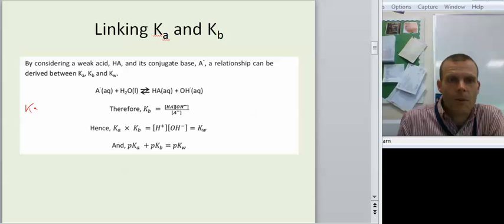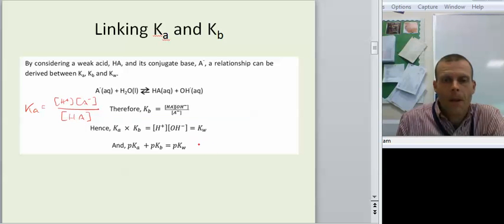Now the Ka expression will have been H plus A minus over HA, like that. And when I multiply these together, a lot of stuff cancels out, and I end up with this, which is also equal to Kw, the ionic product of water. So we've got this relationship between some quite important terms, Ka, Kb, and Kw.